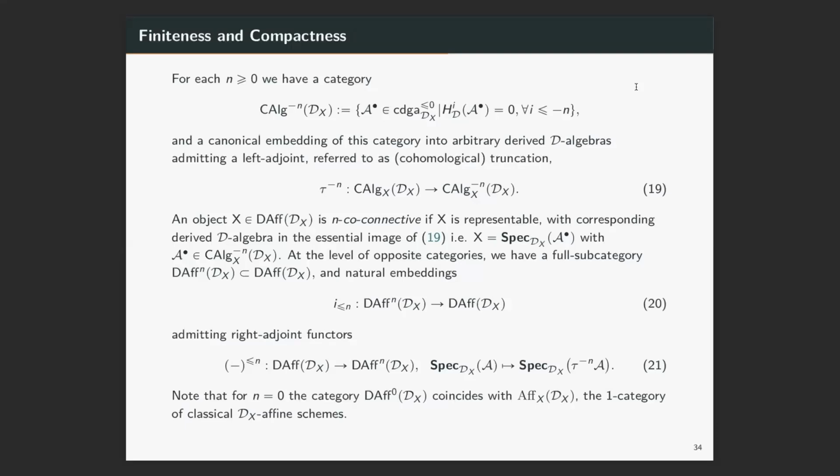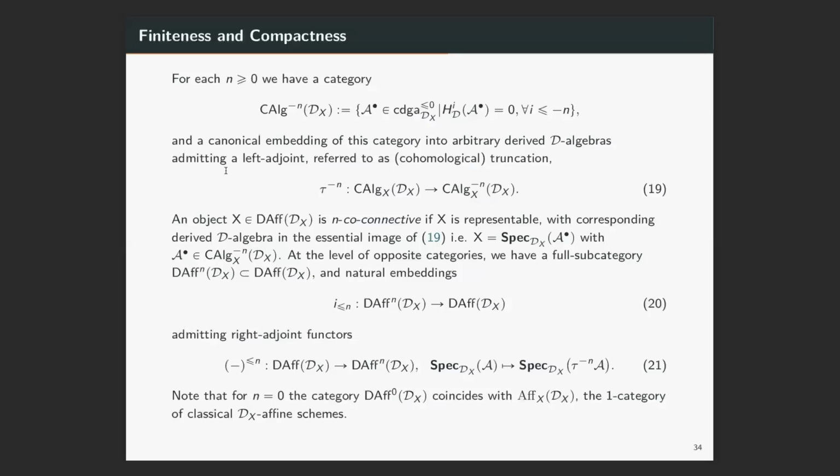So this is reasonable. And then you can look at this truncation, which basically sends an algebra to the same algebra, but let's re-denote it with this τ≤n. And this has the condition that if you take cohomologies past n, it's going to be 0. So this is the obvious definition of this category, and they're called n co-connective.